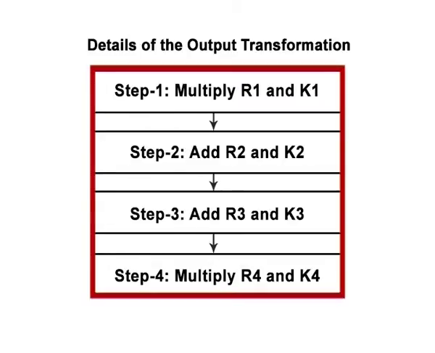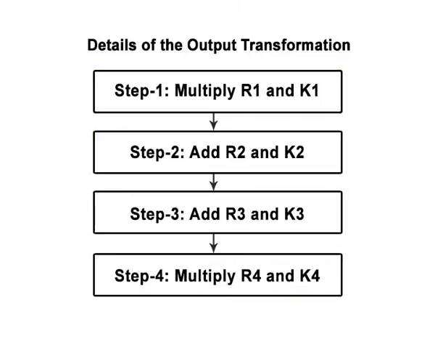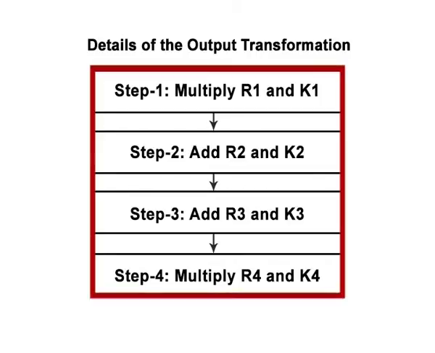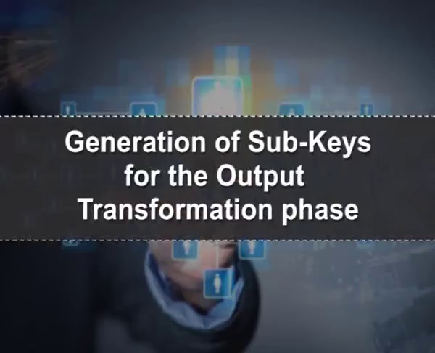Assume that these 4 16-bit subkeys are K49 to K52. The output of this process is the final 64-bit ciphertext, which is the combination of the 4 ciphertext blocks C1 to C4. Let us see how subkeys are generated for the output transformation phase.